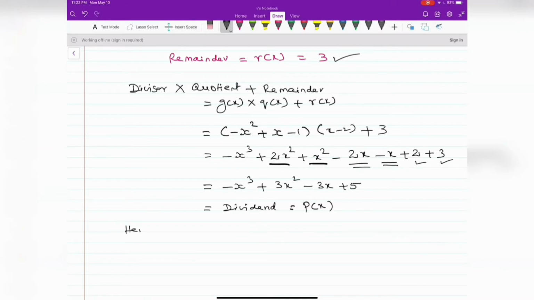Hence, we have verified the division algorithm for polynomials.